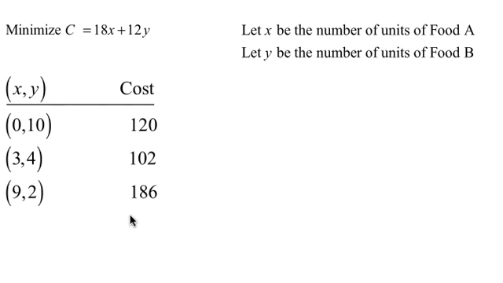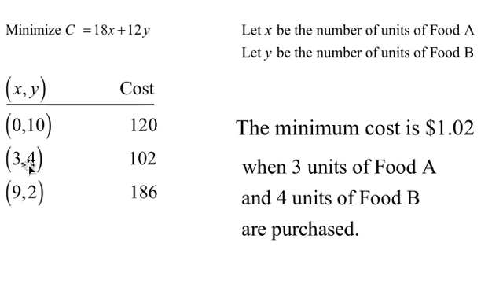X represents the number of units of food A. Y represents the number of units of food B. So 3 units of A, 4 units of B will give us a minimum cost of $1.02. Minimum cost is $1.02 when 3 units of food A and 4 units of food B are purchased. And that will conclude this lesson.